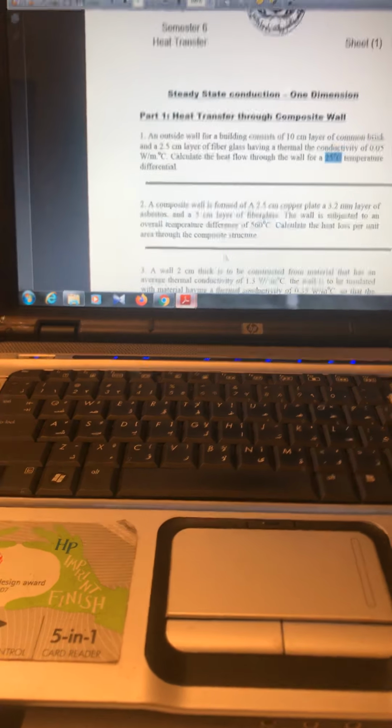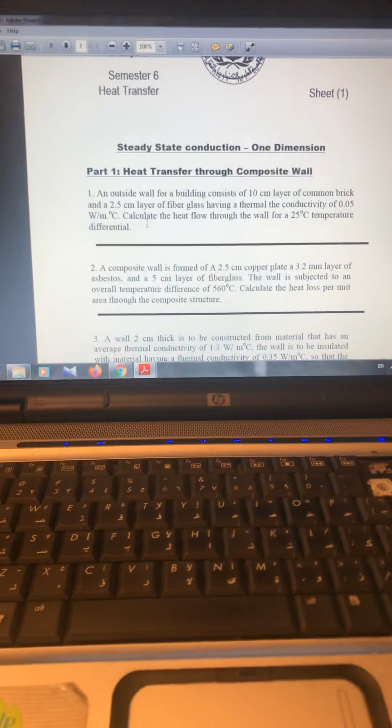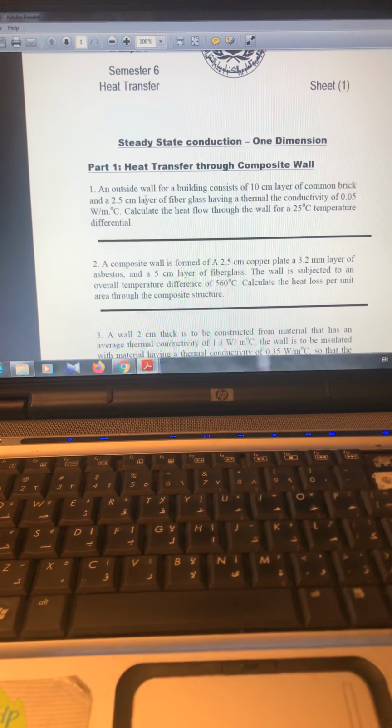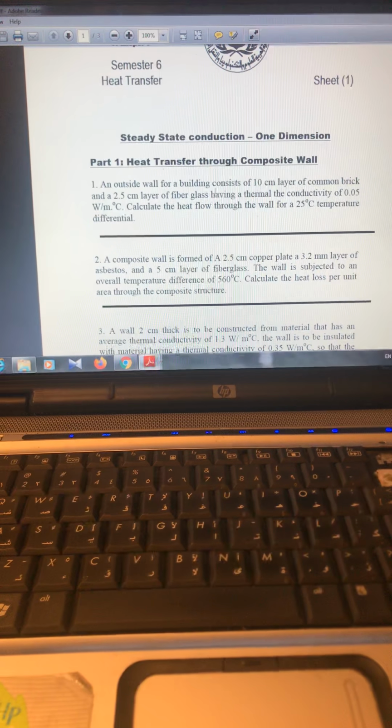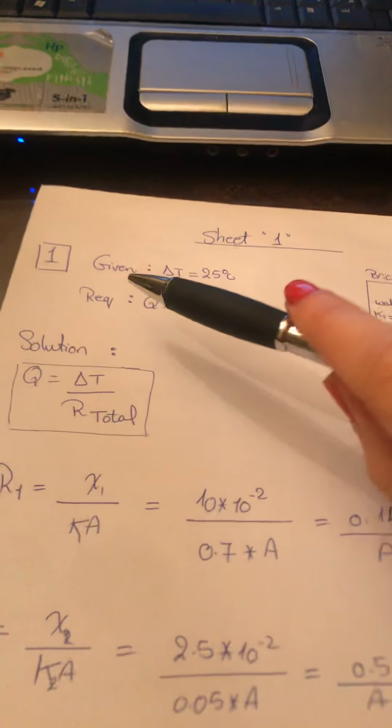Now we will answer the first question in the sheet. Please concentrate with me. This is a very easy example. An outside wall for a building consists of a 10 centimeter layer of common brick. So you write the givens.